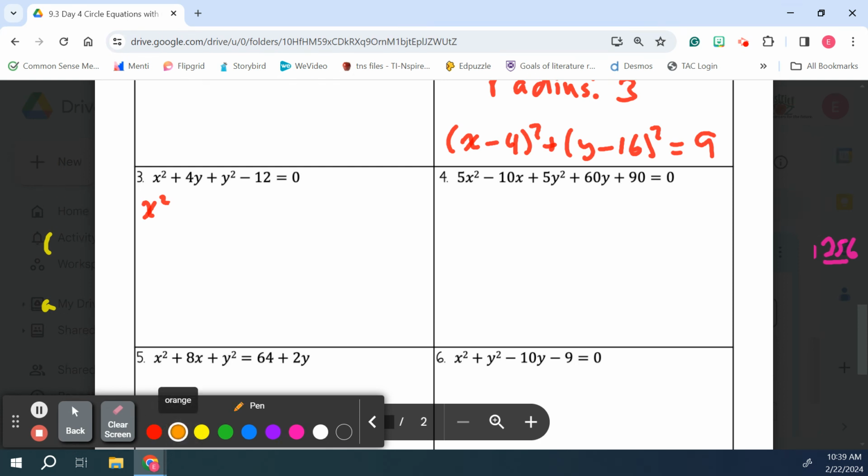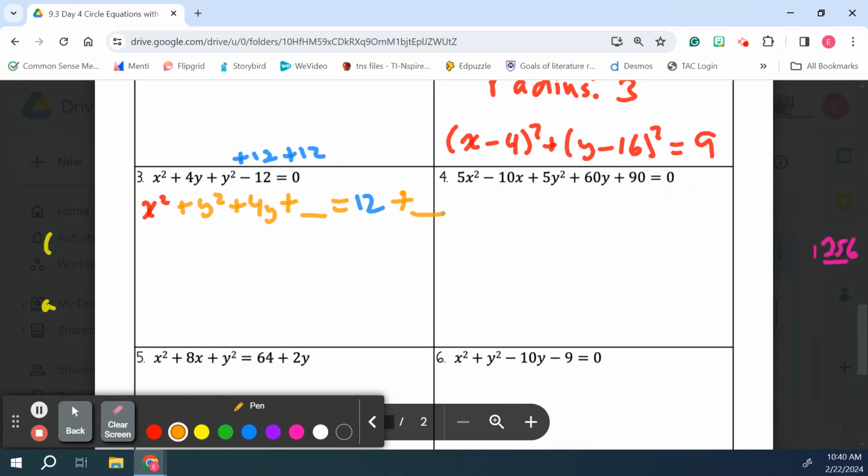But for the y's, I have plus y squared plus 4y plus some space equals, I'm going to add the 12 to each side, equals 12. We're going to add in this space here. How we doing?